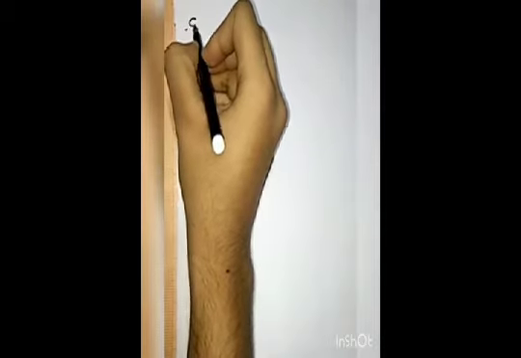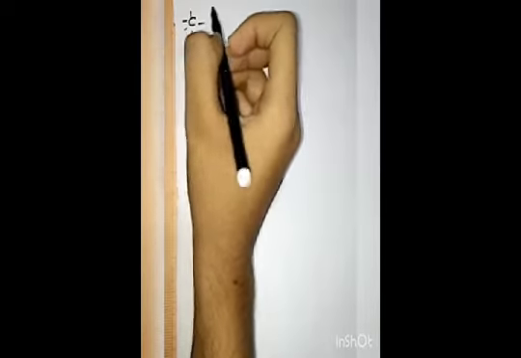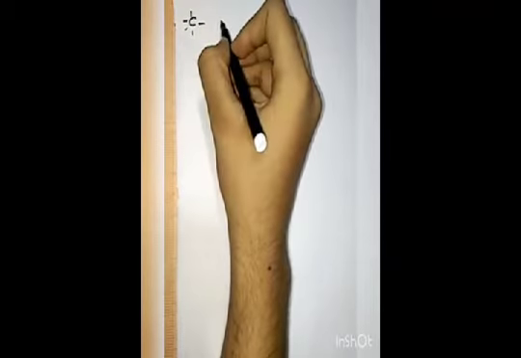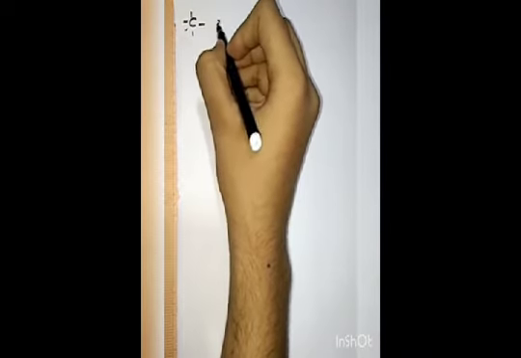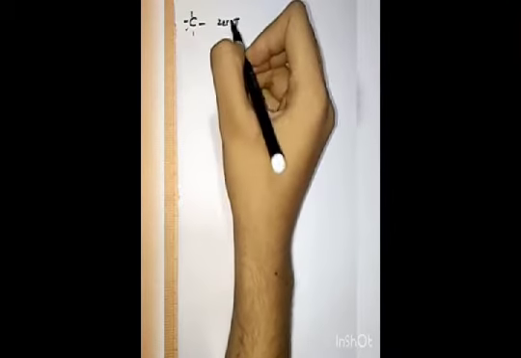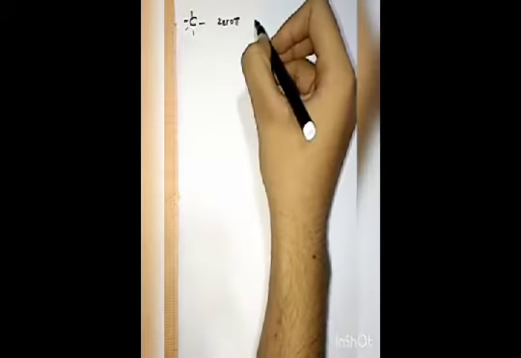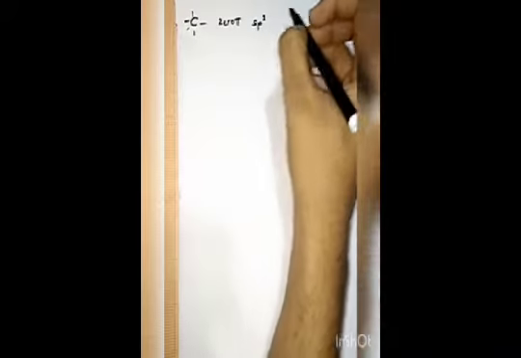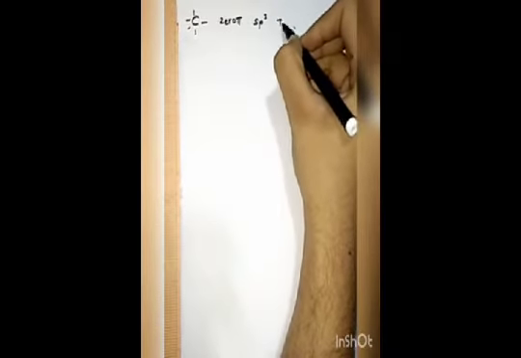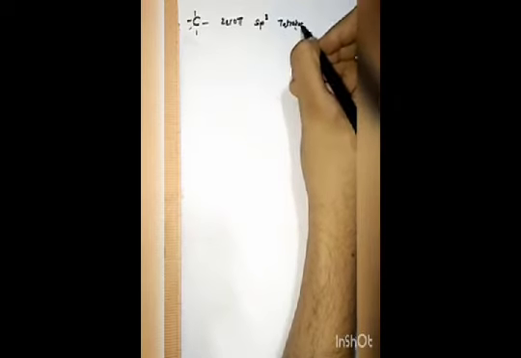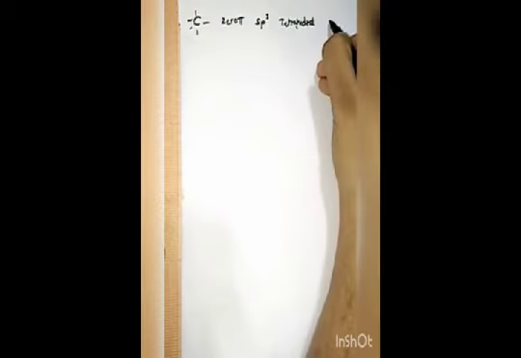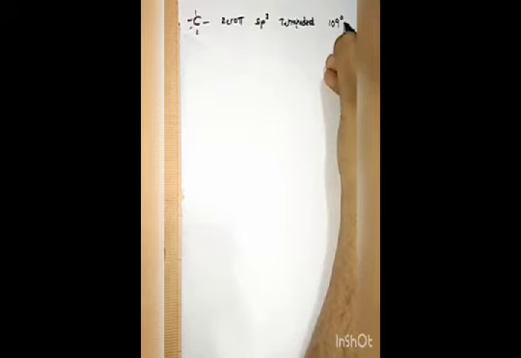See, if a carbon has all four single bonds, it will have 0 pi bonds. Then the configuration will be sp3, shape being tetrahedral, and the bond angle being 109 degrees 28 minutes.